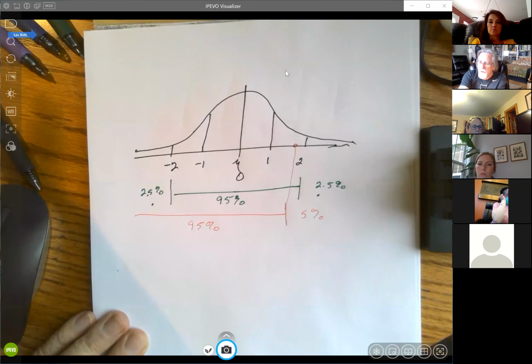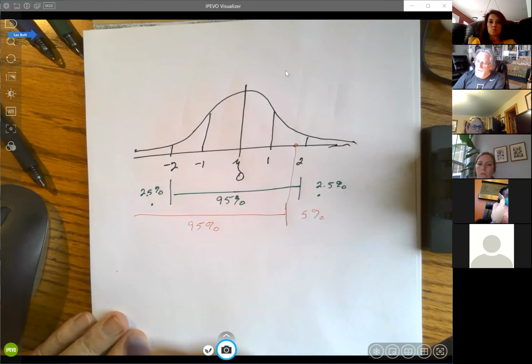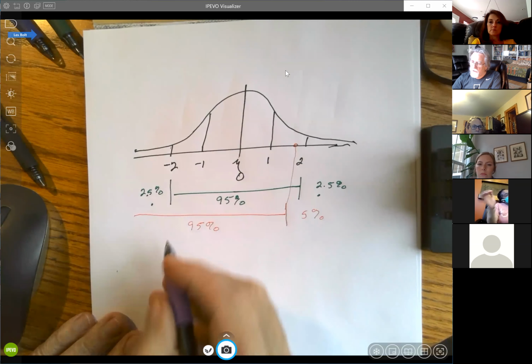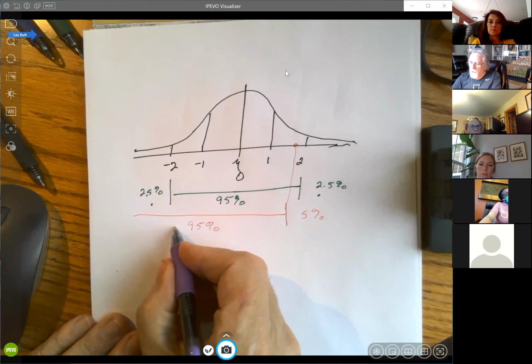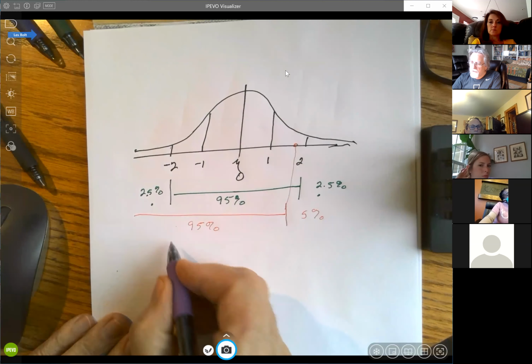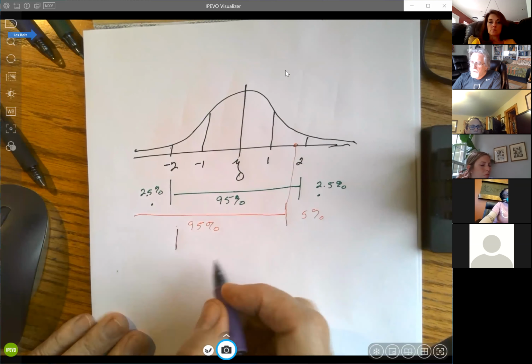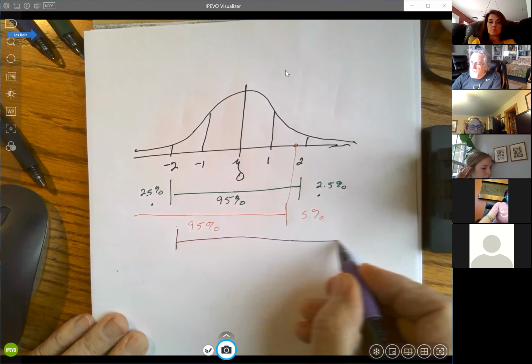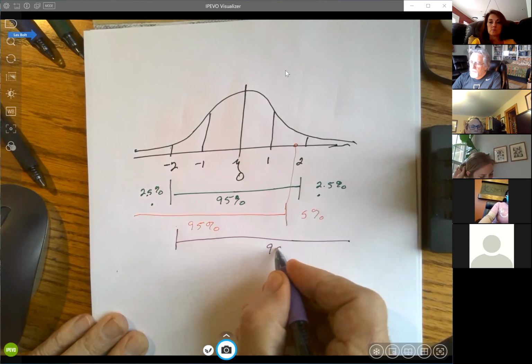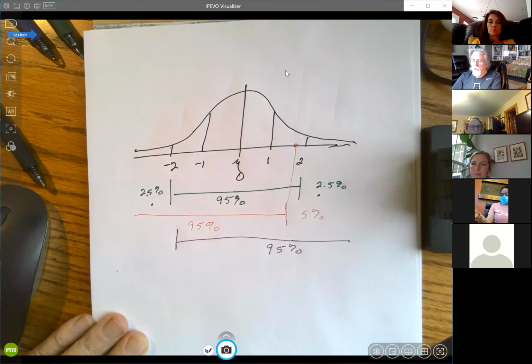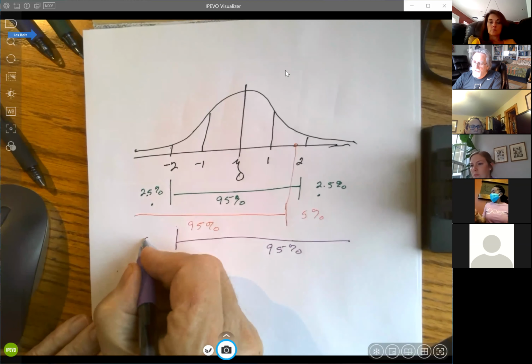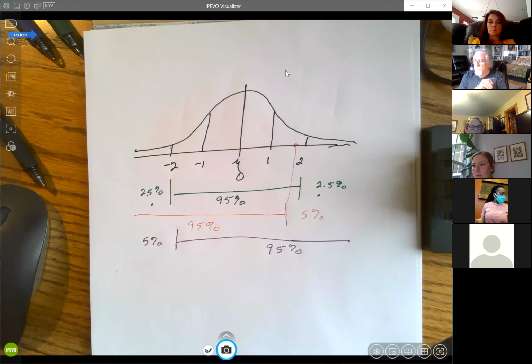Now, if you go to the other end of the scale and say we want to know who's lower, we take the 95% at the top of the distribution, and that becomes our random error. The 5% down at the bottom of the distribution becomes our area of significance.